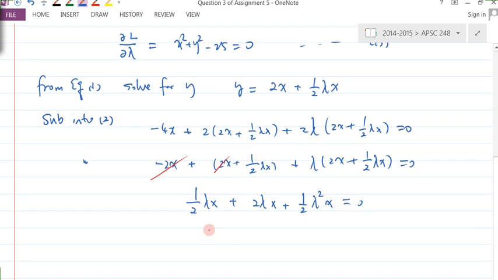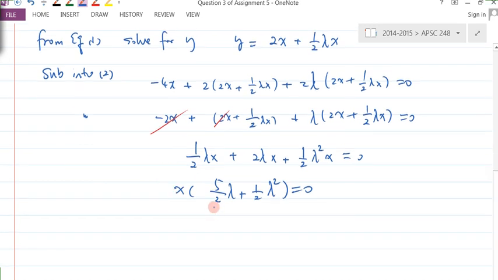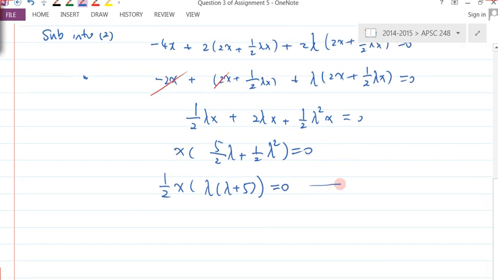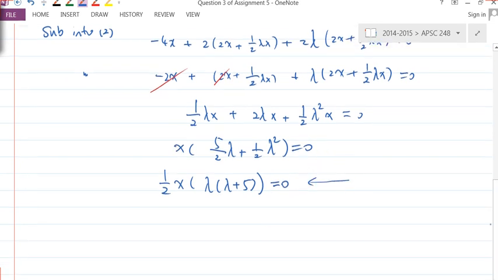There's a common factor x, so take out x. Inside, lambda plus 2 lambda, that's 5 over 2 lambda, plus 1/2 lambda squared, equal to 0. So this quadratic is pretty simple. Take out 1/2 and lambda, giving lambda times (lambda plus 5) equal to 0. Now we got a fairly easy equation.